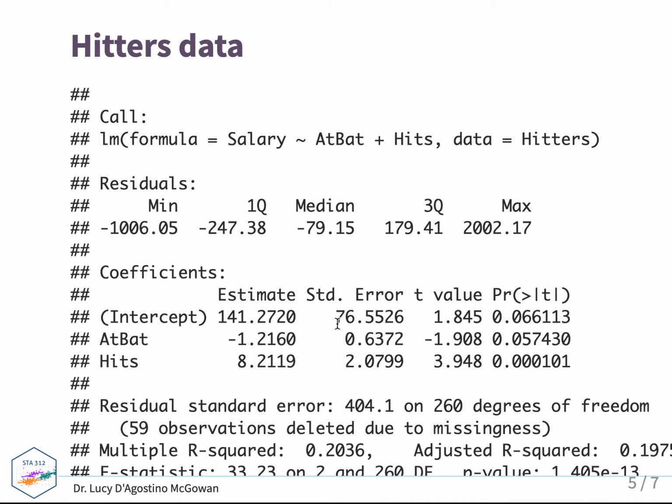In this case, our standard error for at bat is 0.632372, and our standard error for hits is 2.0799. Those standard errors let us know how much we would expect these numbers to vary in a new random sample.